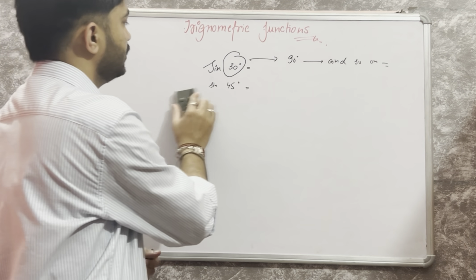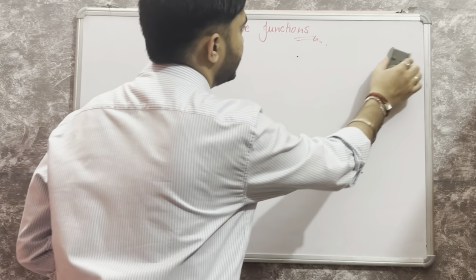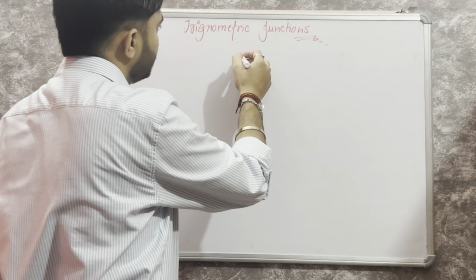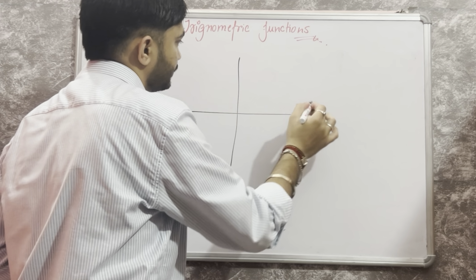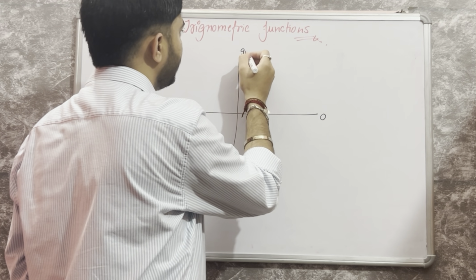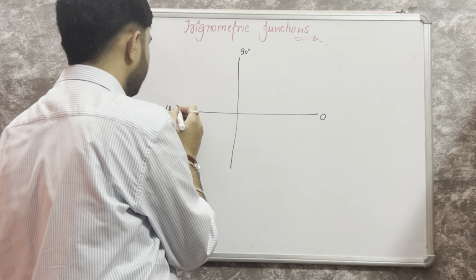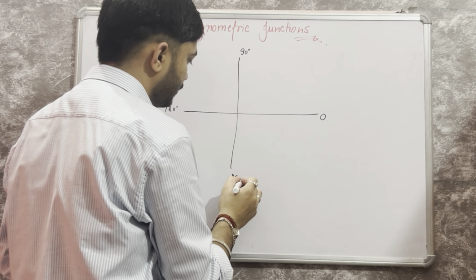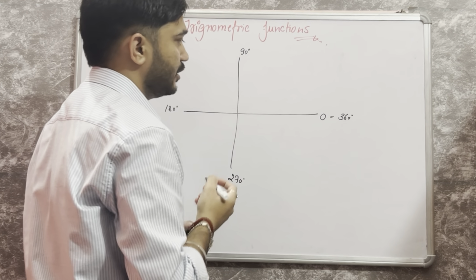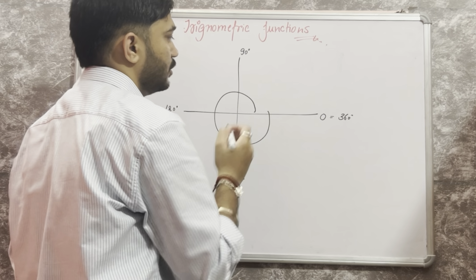So firstly we need to understand some basics of it. Since we have already studied Cartesian plane, here 0 degree, 90, 180, 270 and here 0 is also known as 360 degree because it's a complete one round.